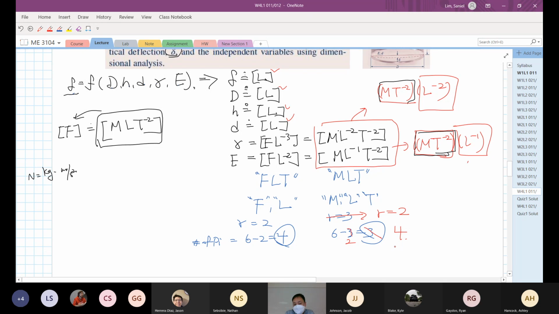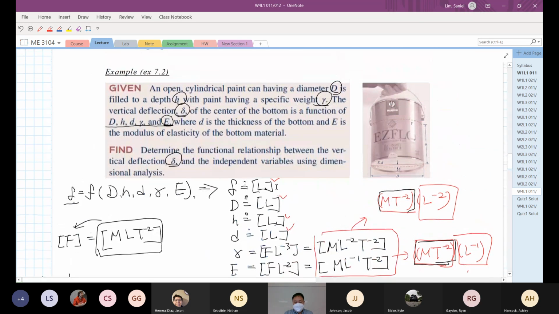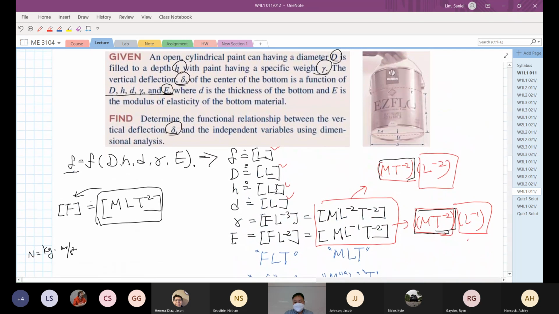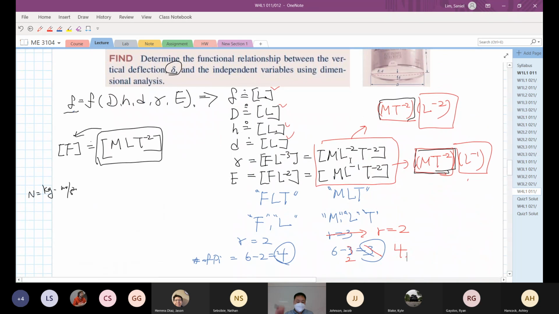Okay? Is this common? No, it's not going to be common in the problem. If it's a problem, I'll just ask you specifically how many reference dimensions you can find here, something like that. But out of nowhere, if you're given a problem to solve and you need to figure out what the reference dimensions are like this, you probably would be directed to use the FLT system to find the answer, right?